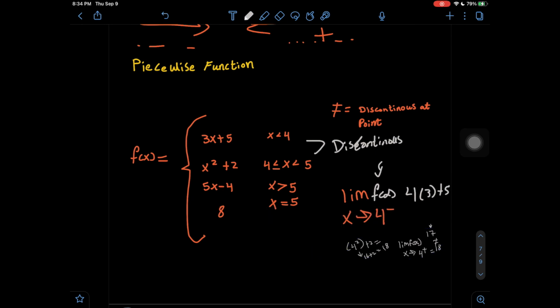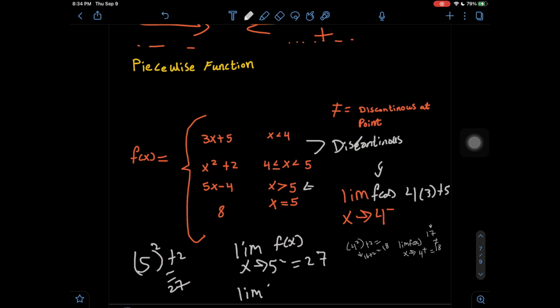So we have the limit as x approaches 5 from the left. This is left because its x values are less than 5, of f of x. And we're going to substitute that in. So we have 5 squared plus 2, which is equal to 27. We're going to do the same thing, but we're going to look at it from the right.